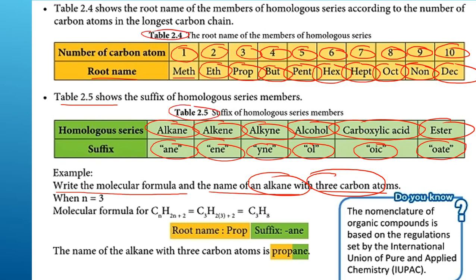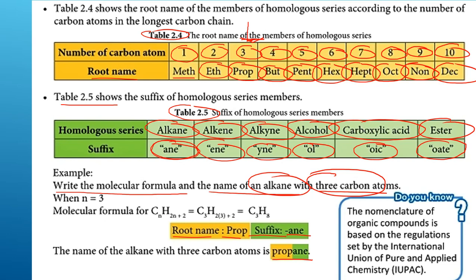You look at 3 carbon atom, 3 carbon atom is prop. So alkane suffix dia adalah ane. So you add the root name with the suffix. So nama dia adalah propane.